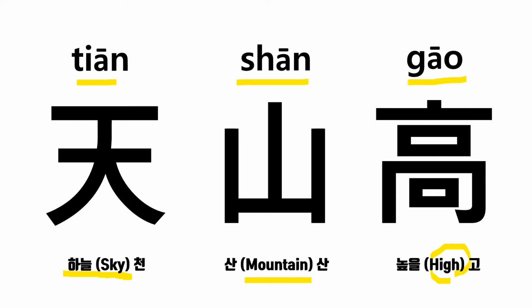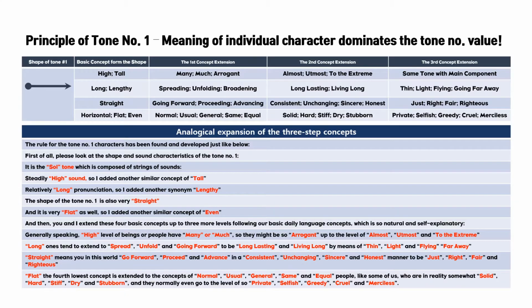So the conceptual value of high decides the tone number, I have found. So sky, Tian, high mountain, Shan, high, Gao, all have tone number 1 value. So I could finally find the principle of tone number 1.